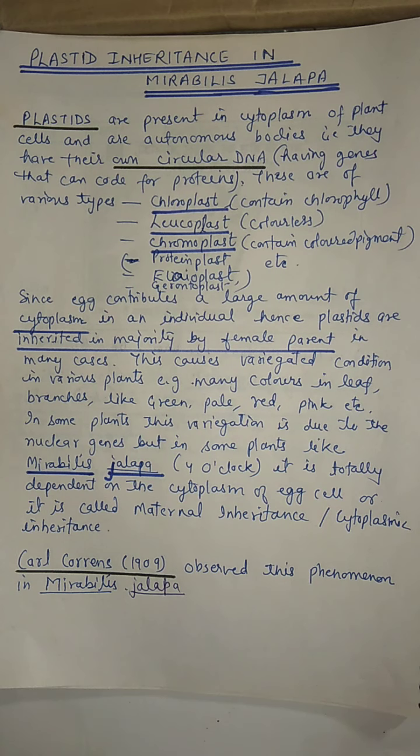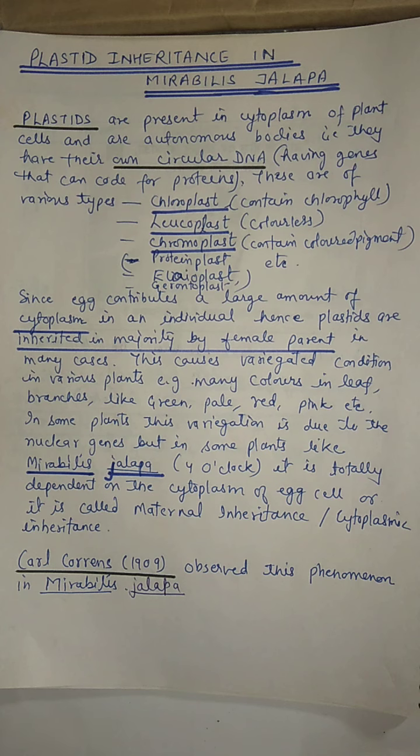Since the egg contributes a large amount of cytoplasm to an individual, the plastids are in many cases inherited mostly from the female parent. This causes variegated conditions in various plants, for example many colors on leaf branches: green, pale, red, pink colored patches in the same plant.